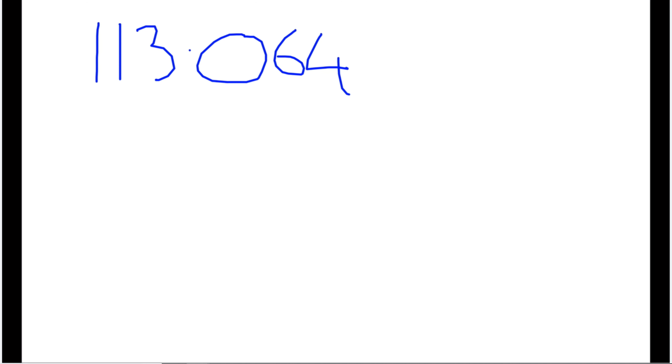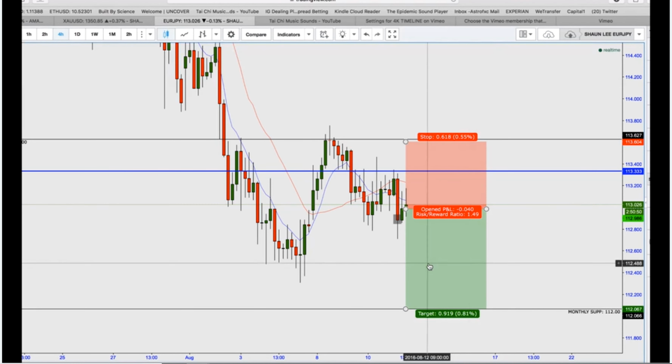Just like the 5th decimal on, let's say, Euro USD or the pound, the third decimal is the pipette. The one we want to focus on in any of the yen pairs is the second. That is the pip. This one is the pipette, which we can erase from our minds, and that's our primary focus.